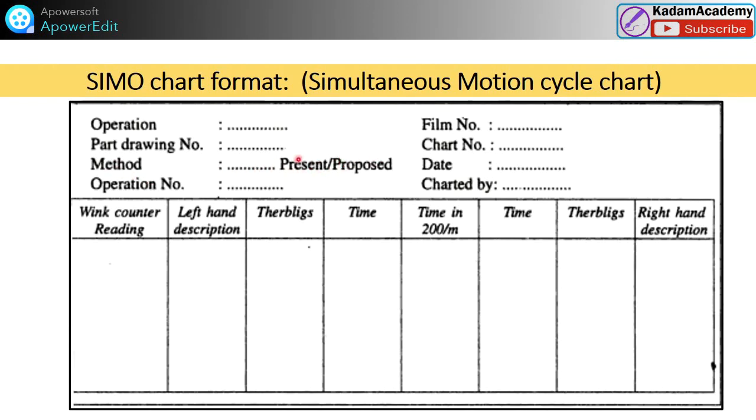That also you have to write here, and the part drawing number. See here the wing counter reading, left hand description, what they perform, the therbligs, time in 2000ths of a minute, and after that the time for the right hand side detail on this side, left hand side detail on this side, and here also the wing counter reading is shown.